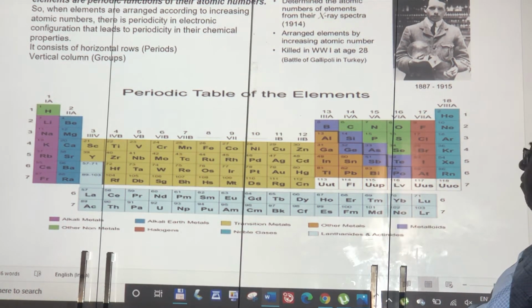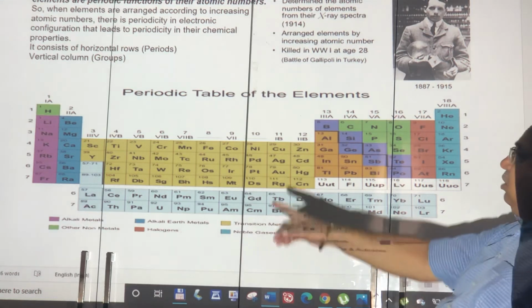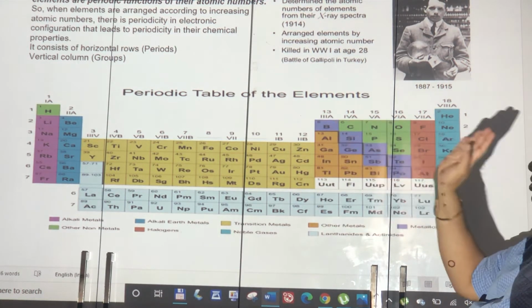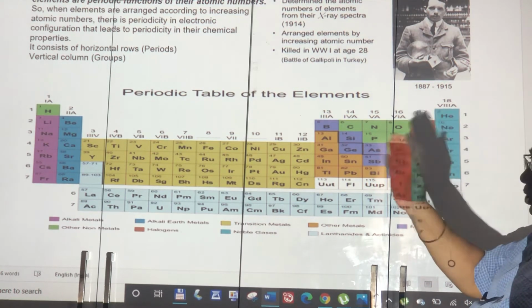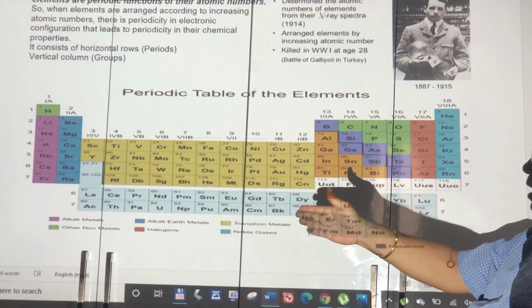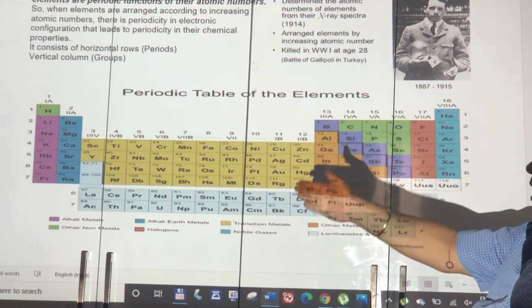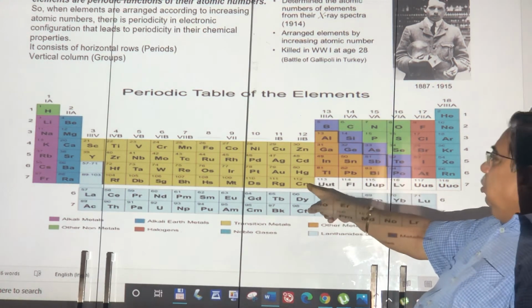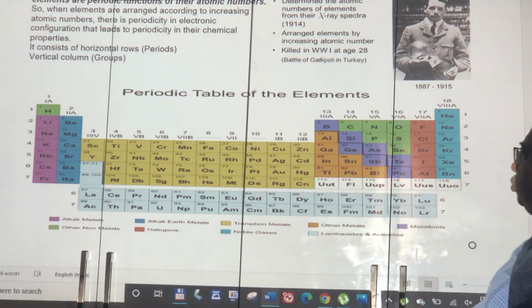This is the long form of the periodic table. You can see in the first row, hydrogen is an anomaly, we do not know where to place it, so we have placed it on top because of electronic configuration. All are alkali metals, all are alkaline earth metals. Then all these rows are transition metals, which make more than one compound.